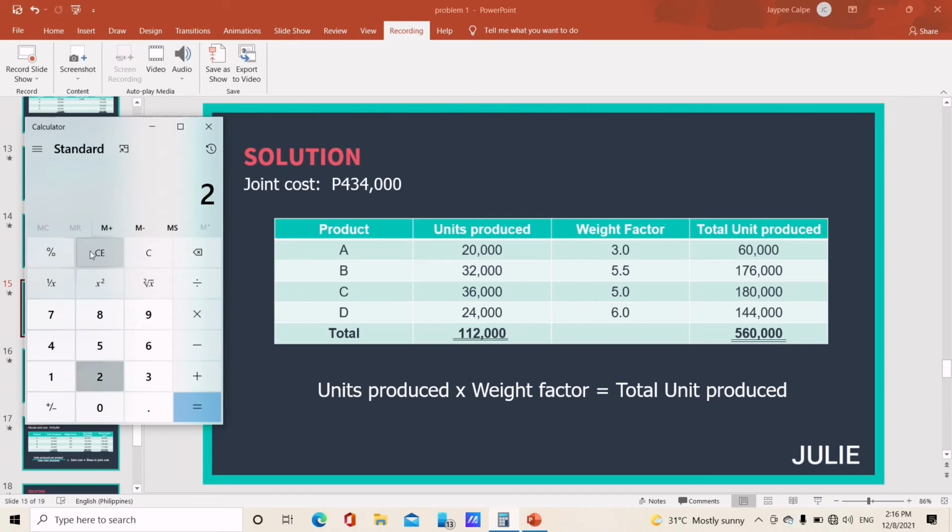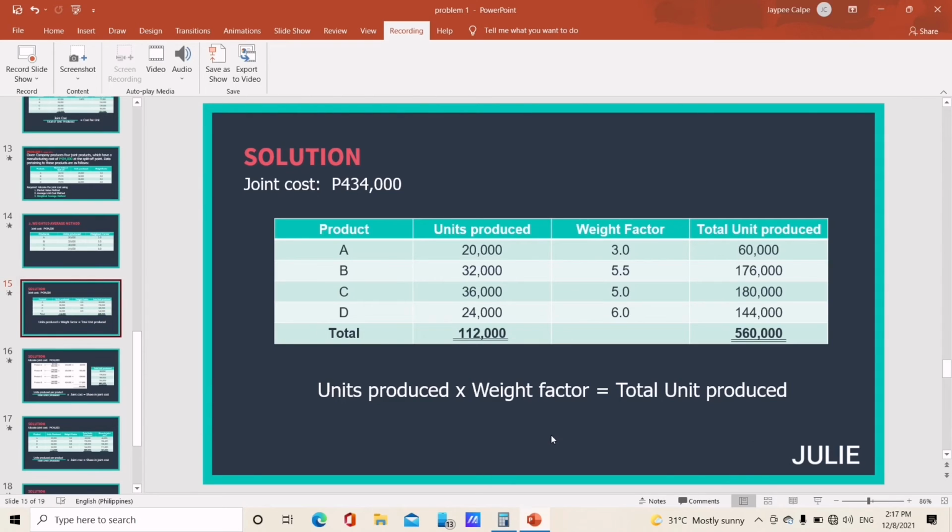And for product D, 24,000 multiplied by 6.0, we have 144,000. So adding all total units produced, 60,000 plus 176,000 plus 180,000 plus 144,000, we have 560,000 as the overall total units produced.